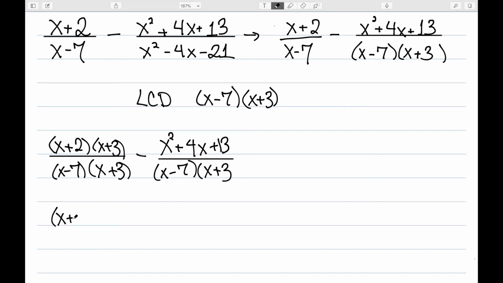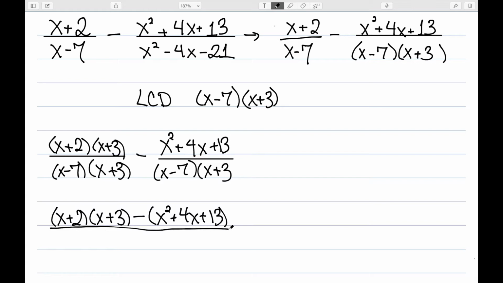I'm now going to start working on combining the numerators. I have x plus 2 times x plus 3 minus x squared plus 4x plus 13 all over x minus 7, x plus 3.